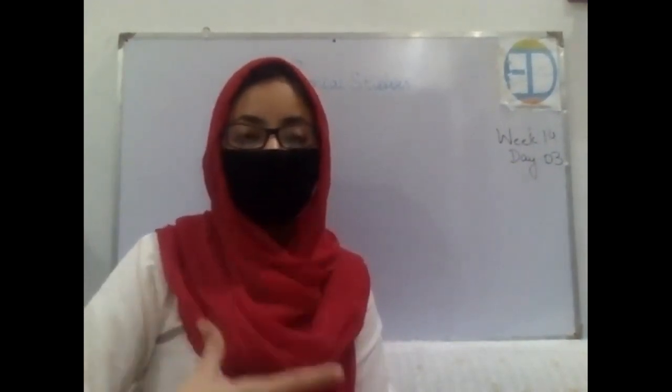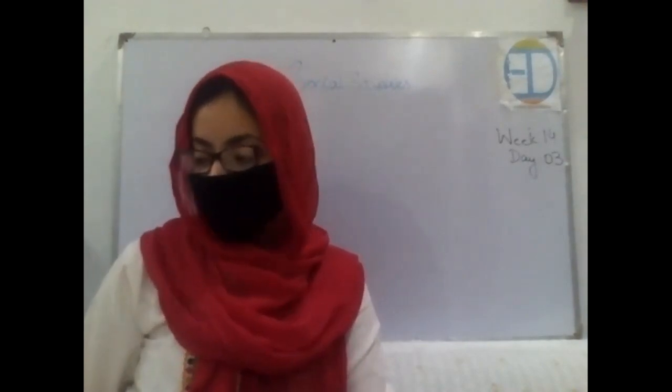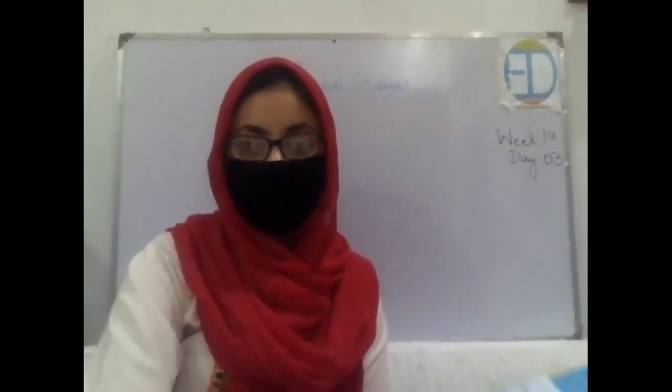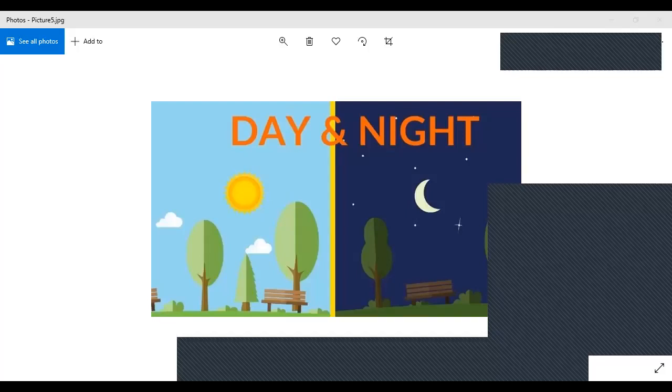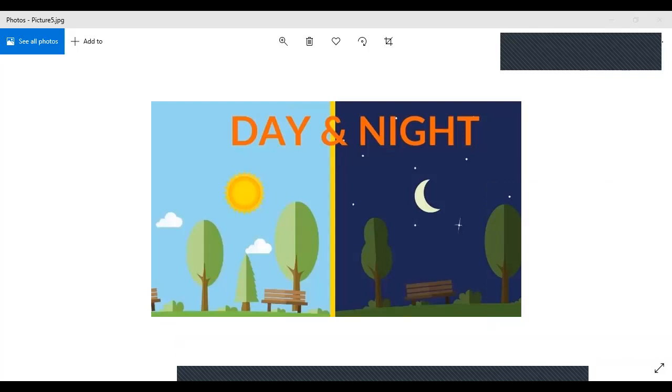Okay, now I want you to look at these pictures which you have seen over here, and the picture that I have shown you over here. Can you see the major differences? The differences that we have discussed already as well, right? In the daytime we found people around us, but at night we don't. In the daytime we have sun in the sky, and at night we have moon and stars.